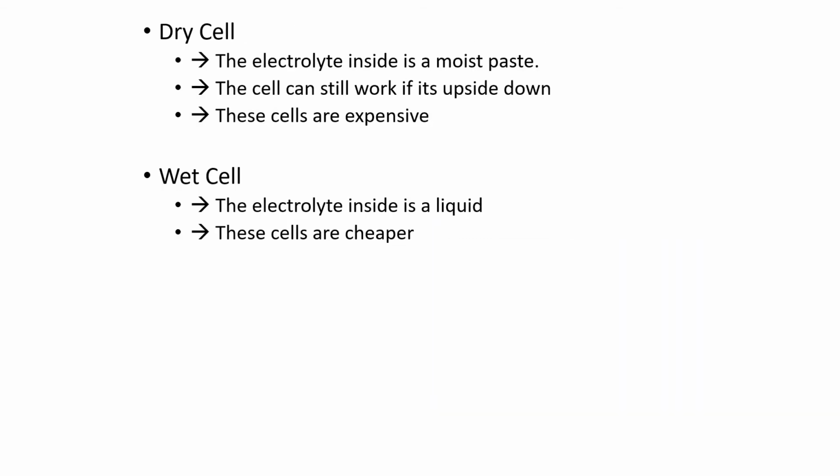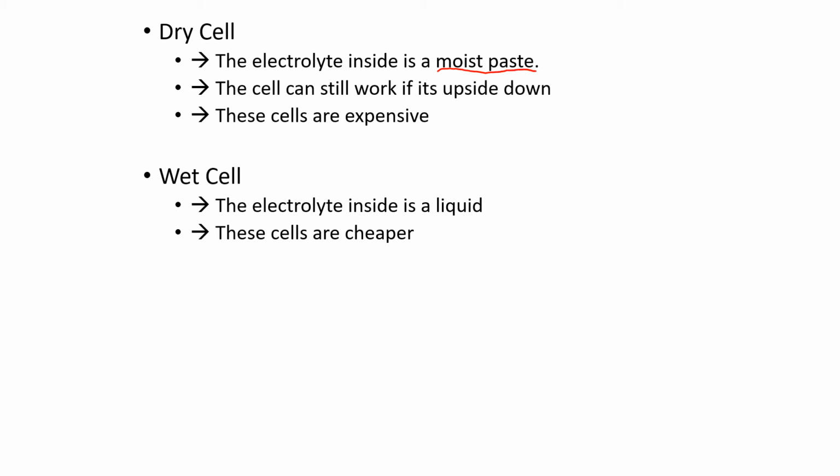Now, there's two different types of cells, a dry cell and a wet cell. A dry cell's electrolyte is kind of dry.